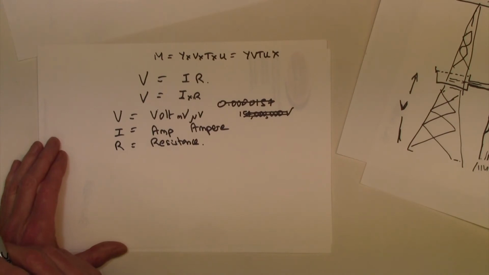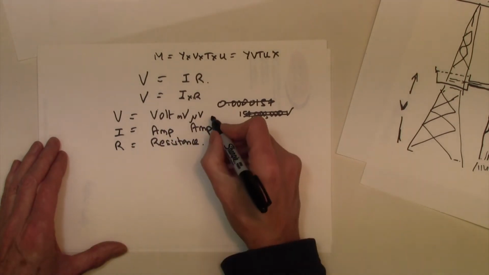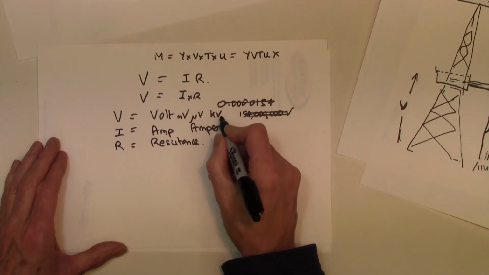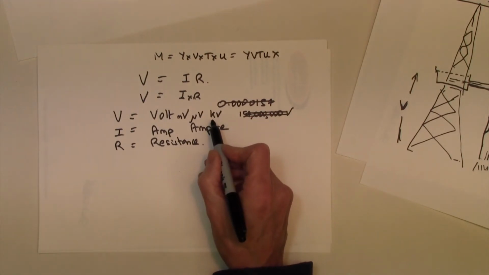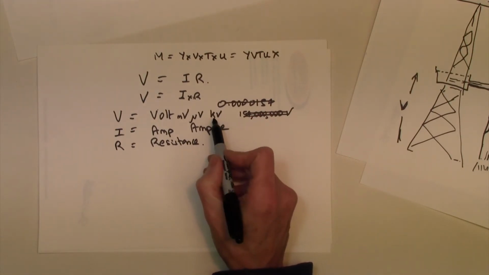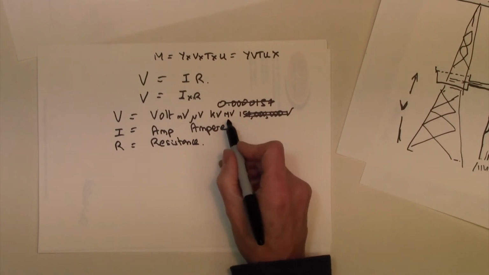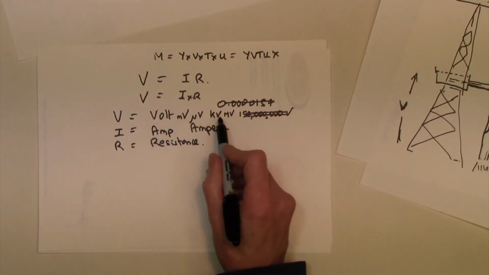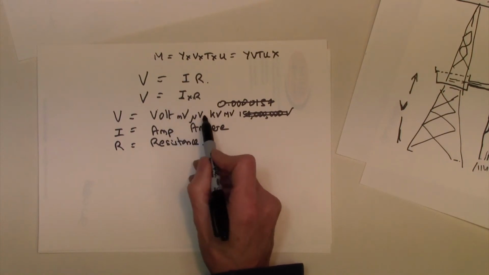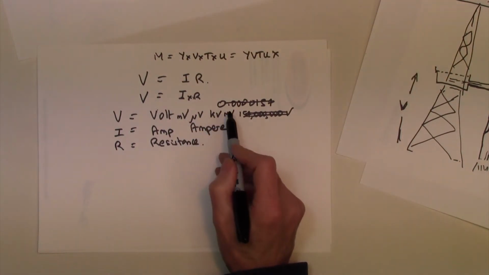And now if you want bigger voltages, you can go for kilo. A kilo is always 1,000. A kilo is 1,000 grams. So a kilovolt is 1,000 volts. And then MV, a megavolt. Mega is always a million. So they're quite useful. Millivolts, microvolts for the smaller voltages, kilovolts and megavolts for the larger voltages.